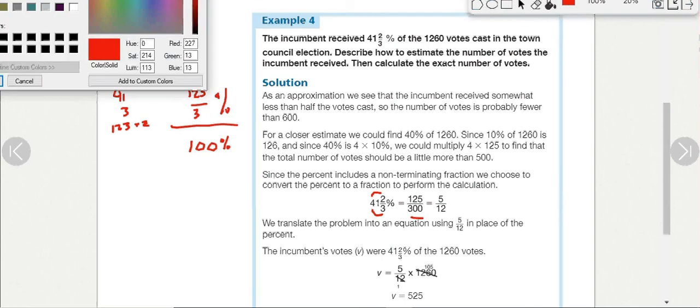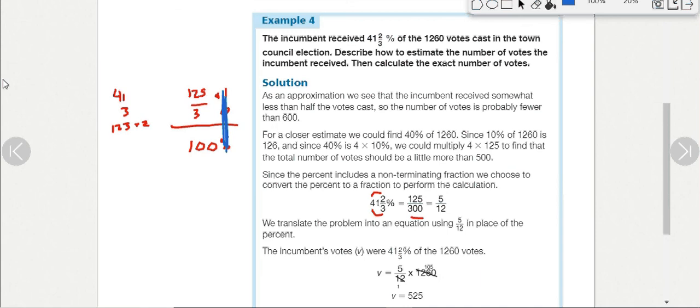Okay, let's change colors. We get rid of the percents. Really what this means is 125 over 3 times 1 over 100 instead of divided by 100. Okay. Let's divide this by 5.